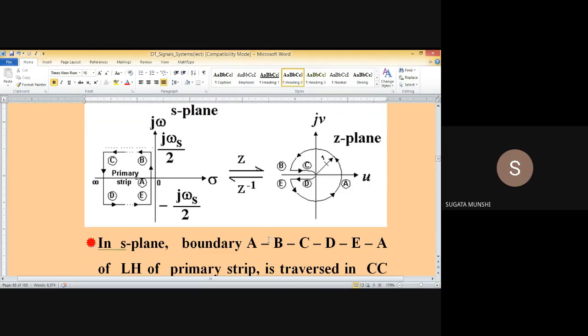We are traversing the boundary in the counterclockwise direction.